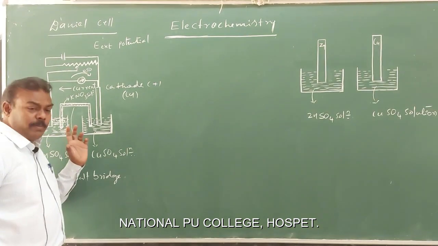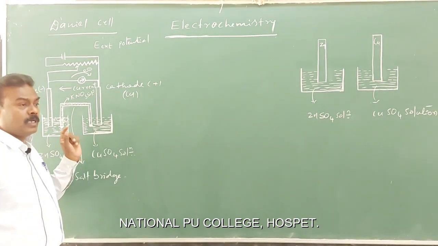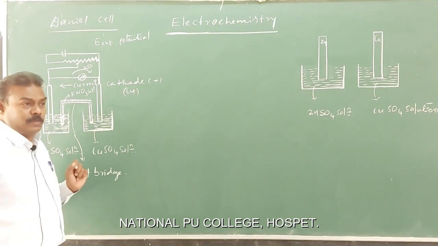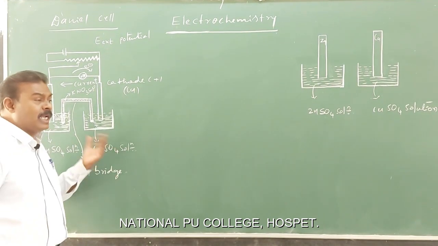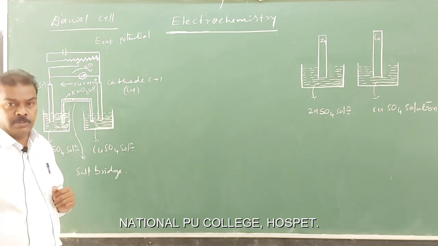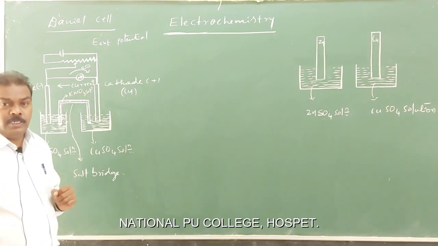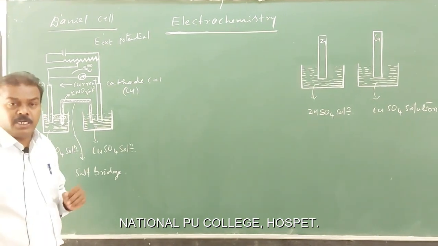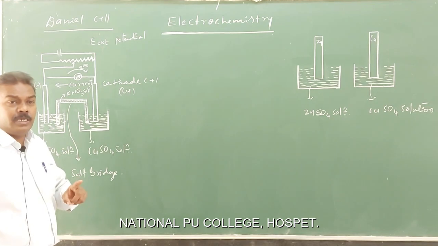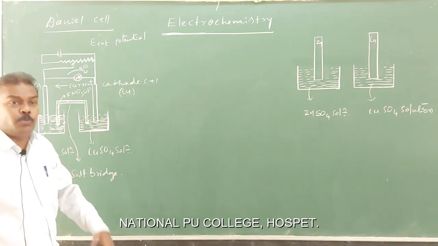If we apply an external electric potential to this electrochemical cell, the Daniell cell, what happens? Three changes are observed in the Daniell cell when we apply an external current or external potential.